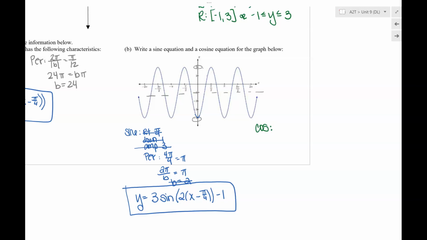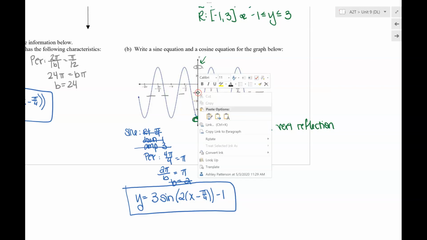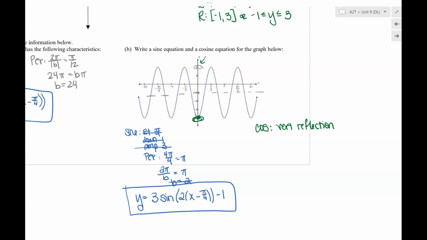Okay, so cosine normally starts above or below the x-axis. We're used to seeing it above, but for today, so we can get that practice, I'm going to start here. Okay, if I don't start up and I start down, that means that there is a vertical reflection. Okay, and normally I am 1 unit above the midline. Today I am 3, so my amplitude is 3.